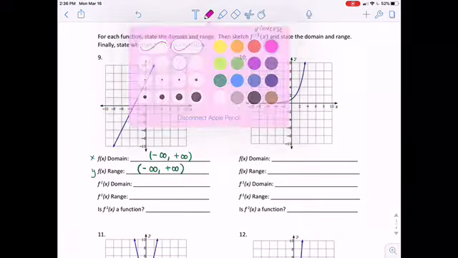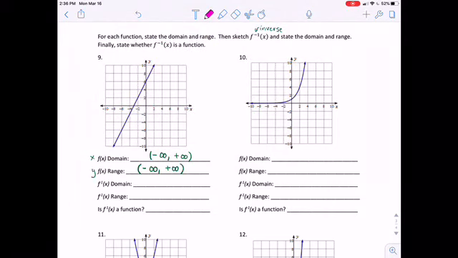Now I'm going to go ahead and graph the inverse. To do that, I'm just going to take a few key points. For example, here I have the point (0, 6). If I switch the x and y, that becomes the point (6, 0), which is right here. Then I'm going to do just a few more points.